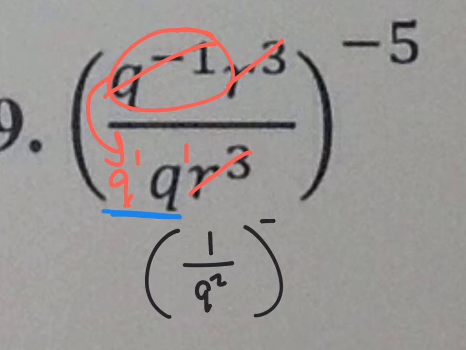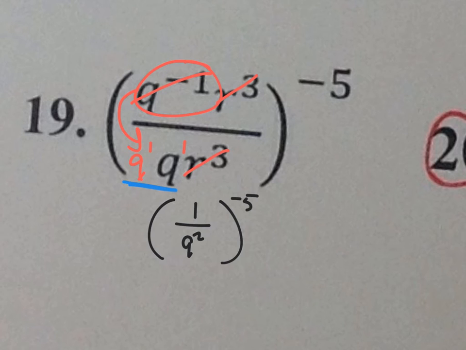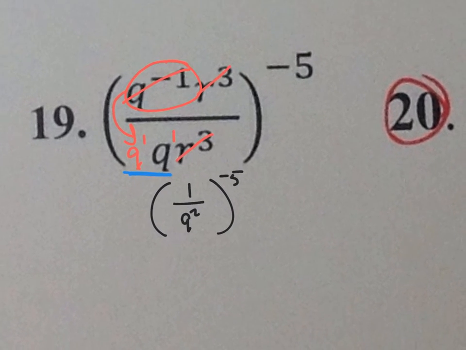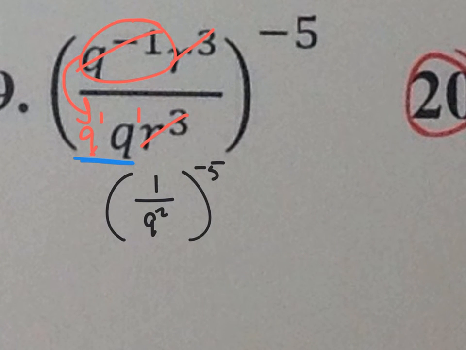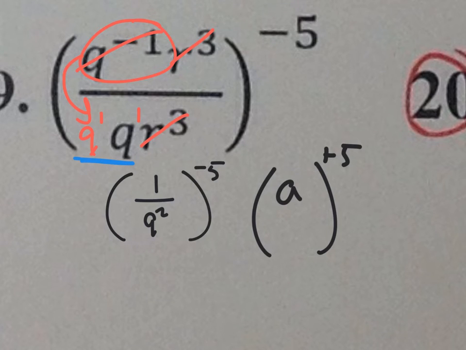I still have the outside exponent of negative 5. So would you guys like to flip and then distribute, or distribute then flip? Flip first. Okay? So if I flip first, I'm really going to have a positive 5. So I have a q squared over 1, which is really not even necessary over 1.